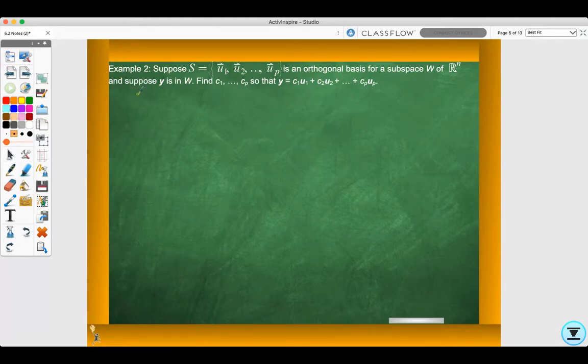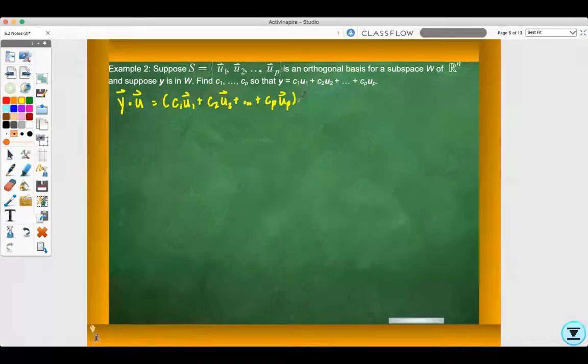So first, what we're going to show is vector y dot vector u. And that would be c1 times u1 plus c2 times vector u2 plus cp times vector up, times u.